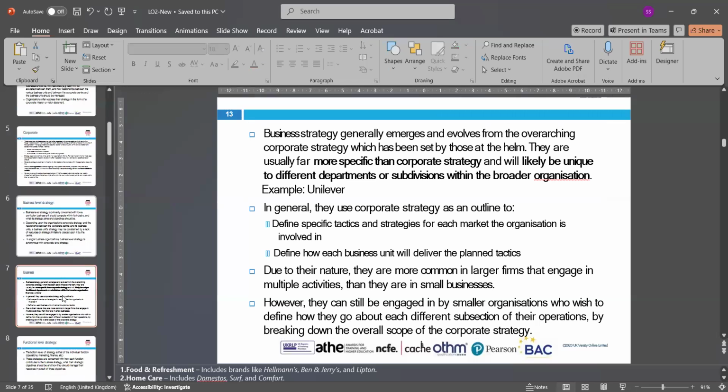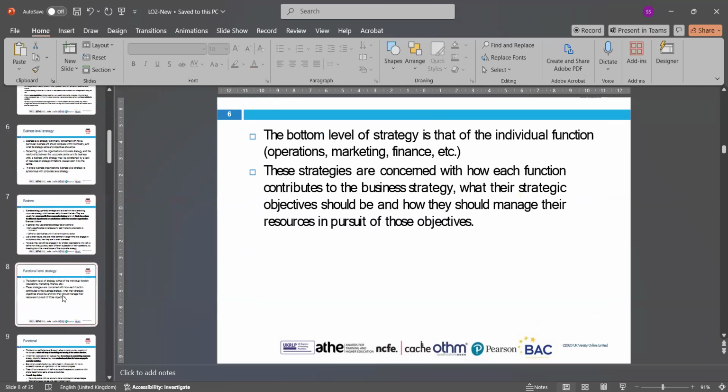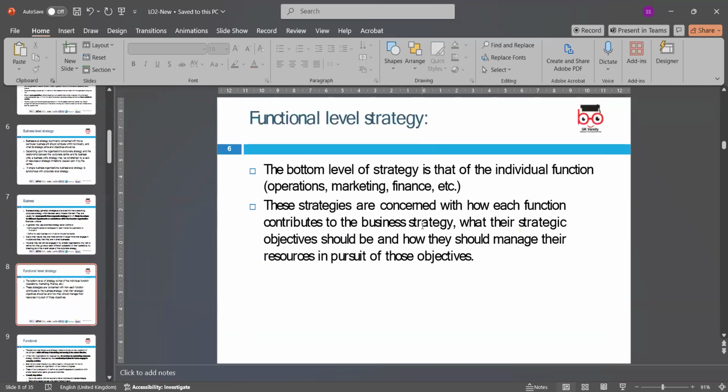So the next level is the functional level strategy. You can call it a departmental level strategy. Every organization is a combination of different departments: operations, marketing, finance, HR, production. So the bottom level of strategy is that of the individual function.